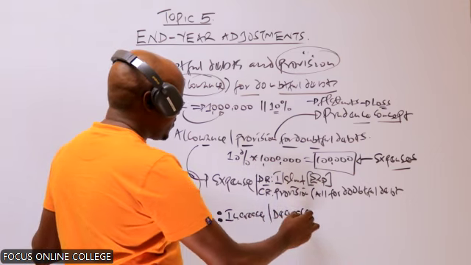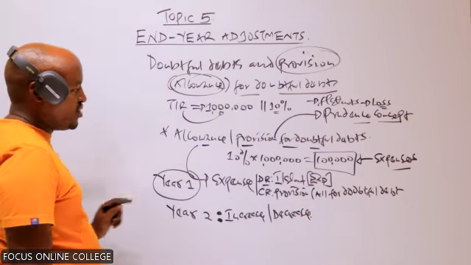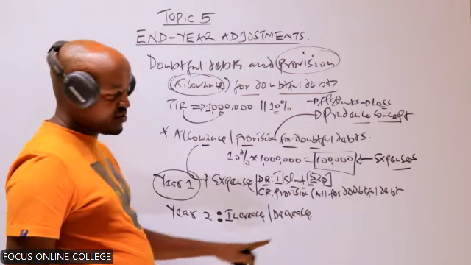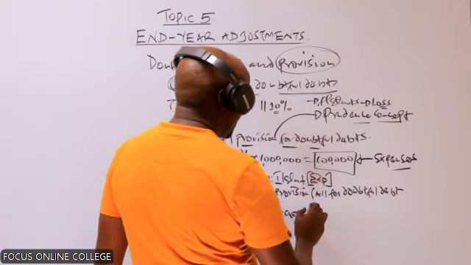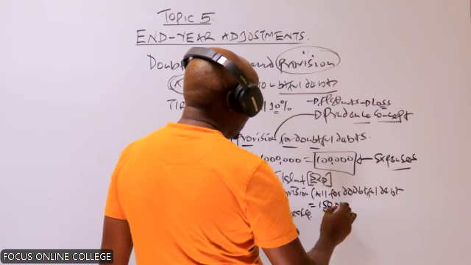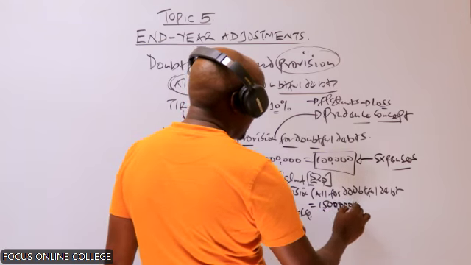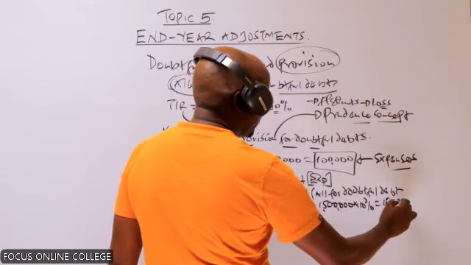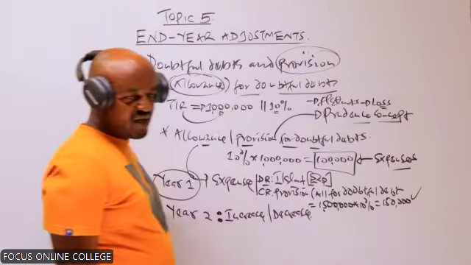Assuming in year one the provision created was 100,000, but in year two the company was expecting to receive 1.5 million from the customers, and needs to create a provision of 10%. So the provision to be created in year two is 150,000.